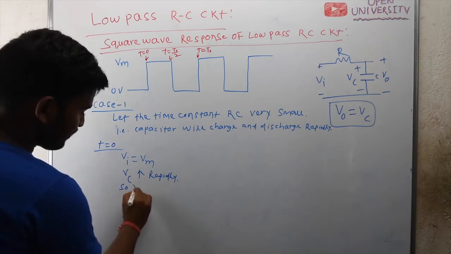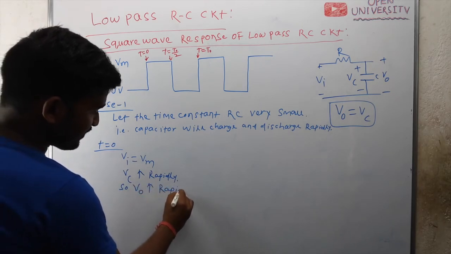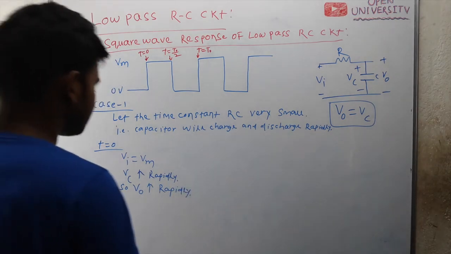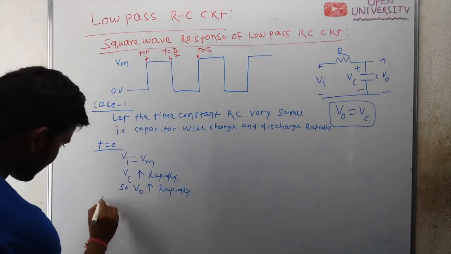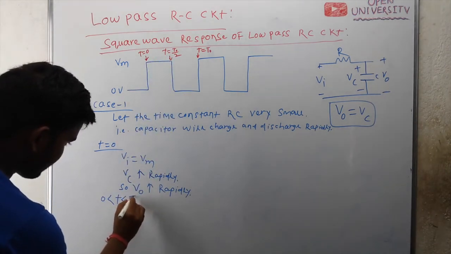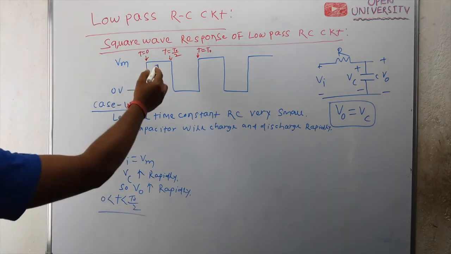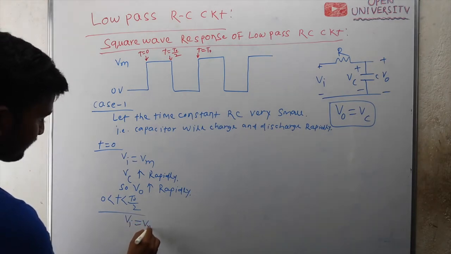So V0 increases rapidly. V0 is nothing but Vc. Okay, let's see what happens when t is between 0 to t0 by 2. In this interval, input voltage is fixed at Vm.